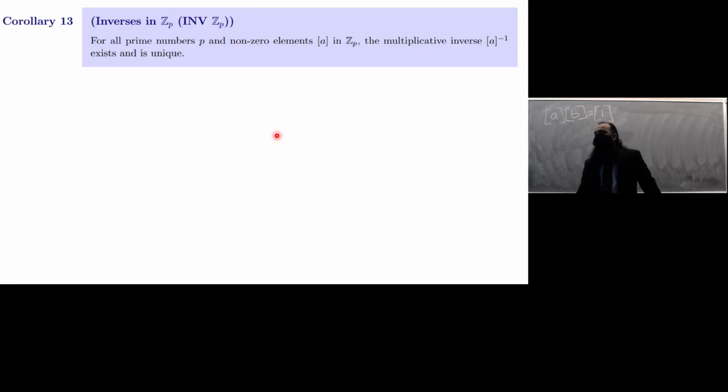Okay, for all prime numbers P and non-zero elements A in ZP, the multiplicative inverse exists and is unique. Why is that? Because every non-zero integer less than P is going to be coprime to P. The GCD of a prime number with A is going to be equal to 1.